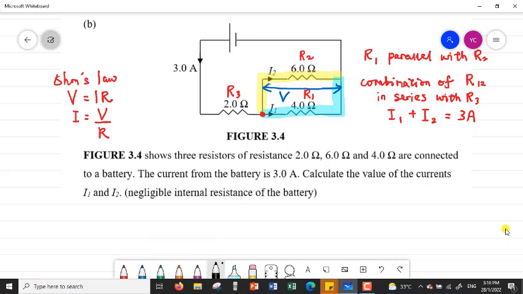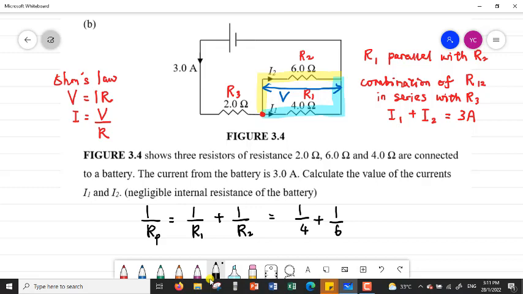So maybe I can start with calculating the effective resistance for the parallel combination. So for R parallel, we are going to use 1 over R parallel equals 1 over R1 plus 1 over R2. So I will have 1 over 4 plus 1 over 6.